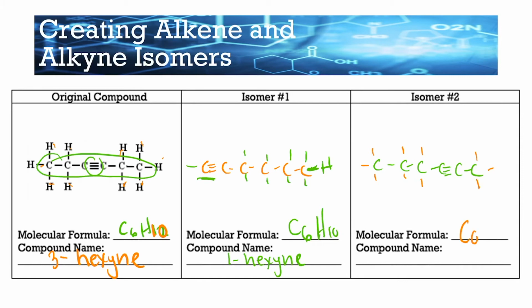So we still have C6H10. And now this would be named 2-hexyne, because we still have the longest chain of 6, but now that triple bond starts at carbon 2. Remember, you have to label it with the smallest number. Now there are more possible options. This is just to keep things kind of simple.